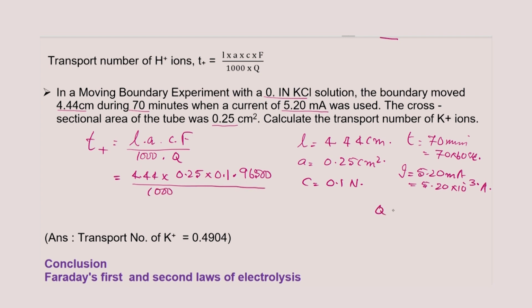Q is equal to I into t, that is 5.20 into 10 to the power minus 3 into 70 into 60. By solving this, you will get the value of K+ as 0.4904. So, that is the transport number T plus.